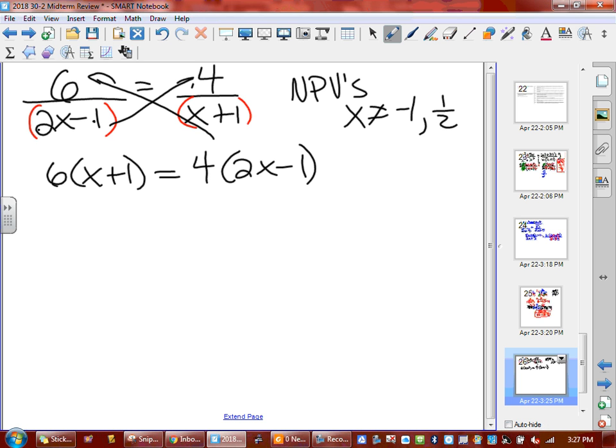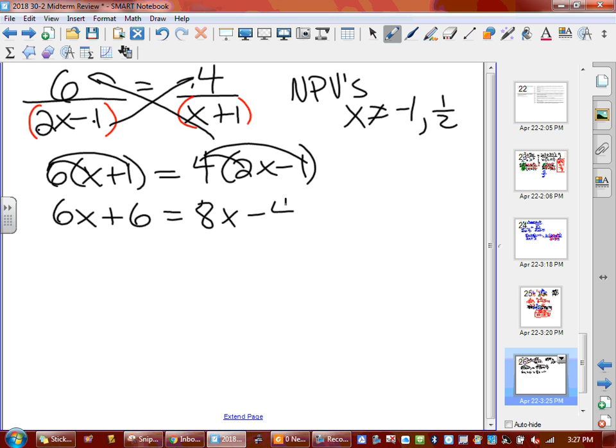Okay, now we multiply into the brackets, remove brackets. And you literally solve for x like normal. So 6x plus 6 equals 8x minus 4. Bringing the 8x to the left and taking the 6 to the right.